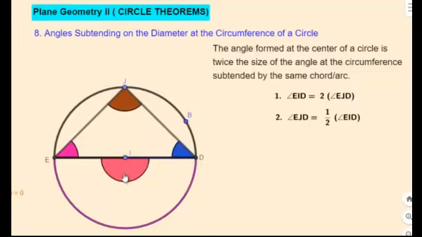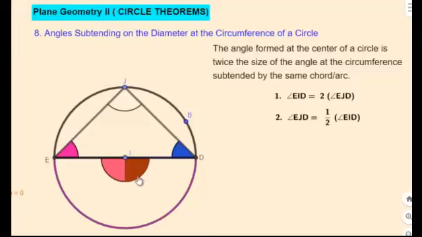And we see the angle that is formed on the straight line. So we are going to move angle EJD and place it on the angle on the straight line. And let's see what happens. Observe it well and write down your observation.